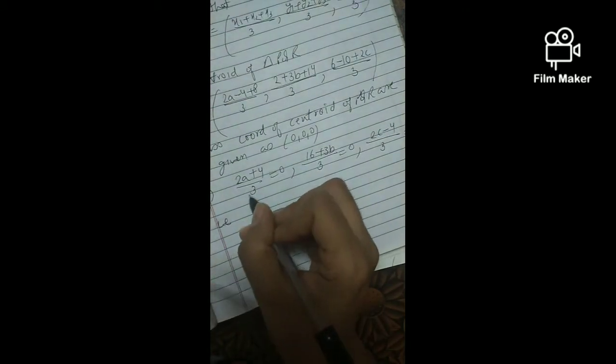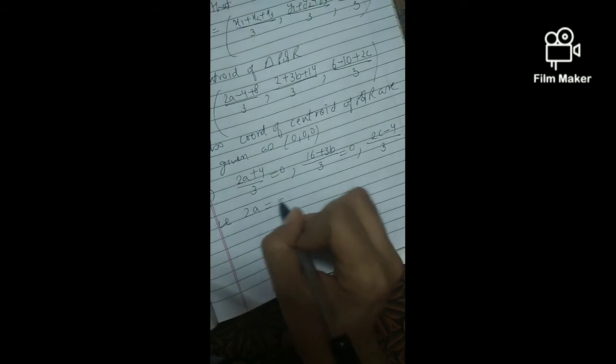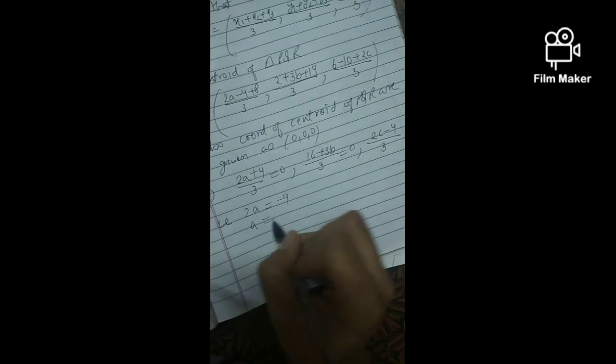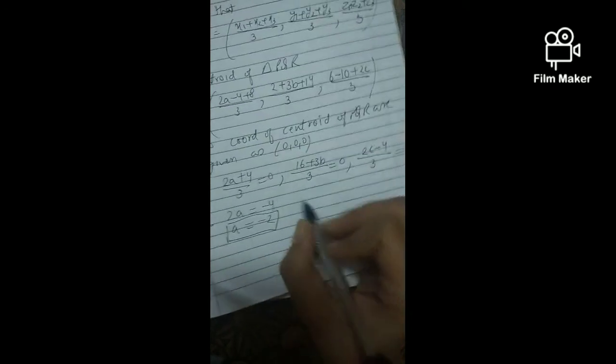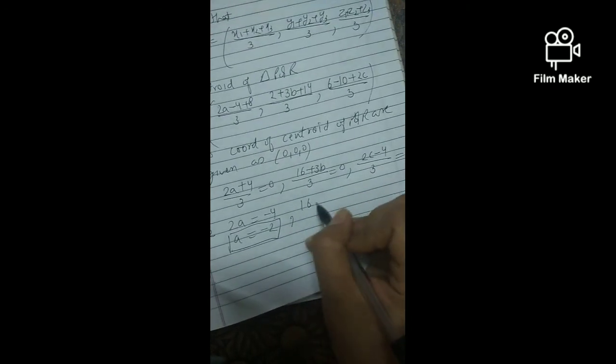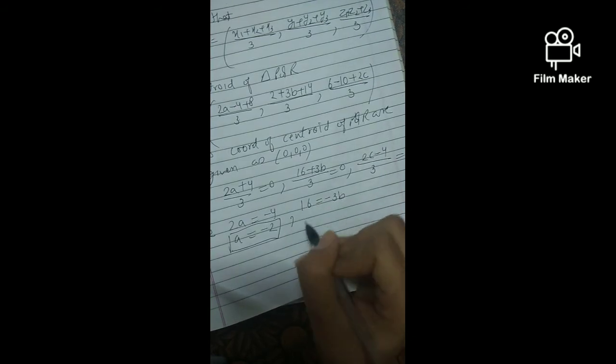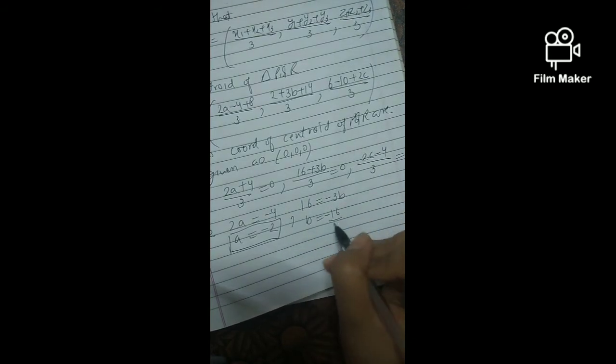So that is the value: 2a is equal to minus 4. So the value of a will be minus 2. Then 16 equals minus 3b. So the value of b will be minus 16 by 3.